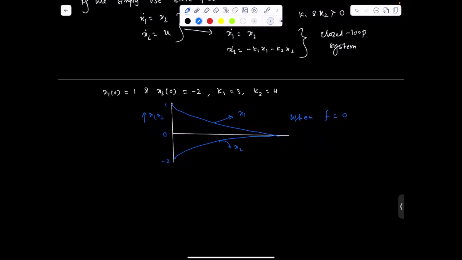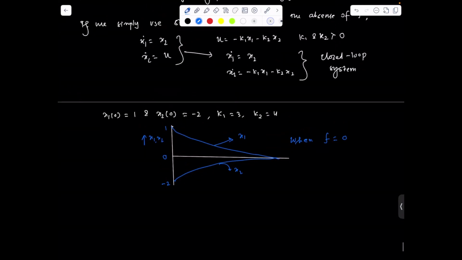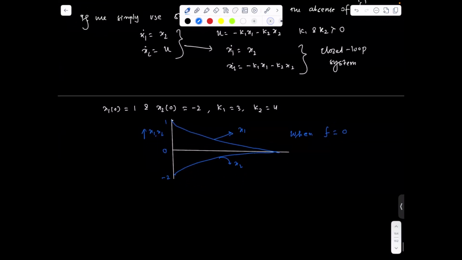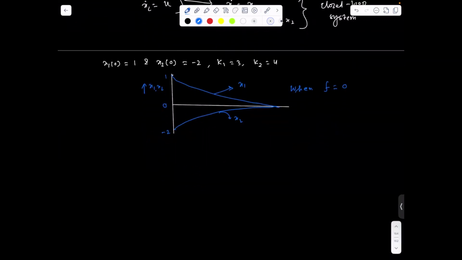So we can do it in a similar way. You can try this MATLAB code yourself. This is a very easy MATLAB code for how to do this. Now, you can see that asymptotic convergence is achieved for this particular case.